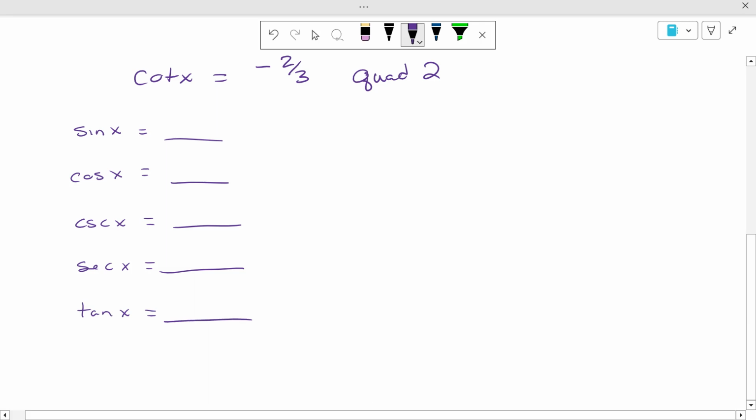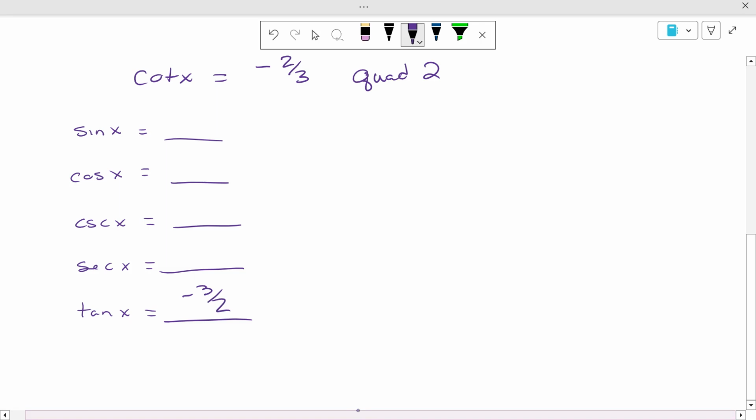Out of all these, what's the easiest to find? The tangent of x, because it's just the reciprocal of the cotangent. So what would the tangent of x be? -3/2. Bada bing, bada boom.